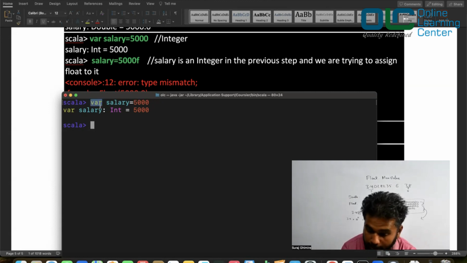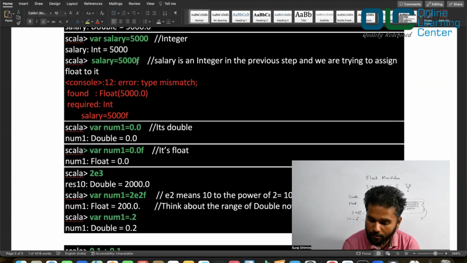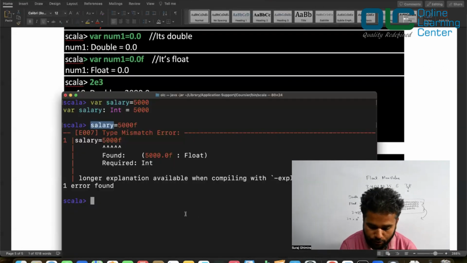Now it's a variable, that means its value can be changed, of course. So let me say salary is equal to 5000f. Can I do this? You cannot do this. Why? Because the salary is already of integer type, and you cannot force it to hold a float value now. That's practically wrong.